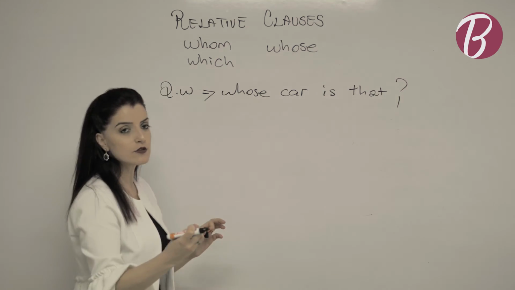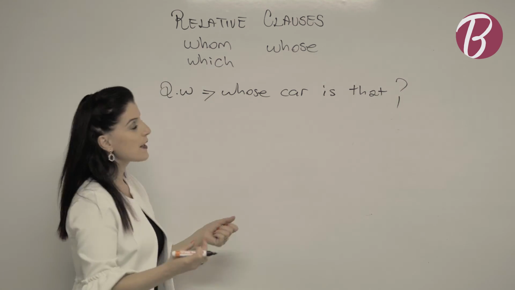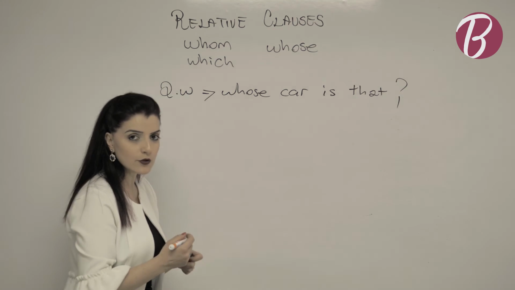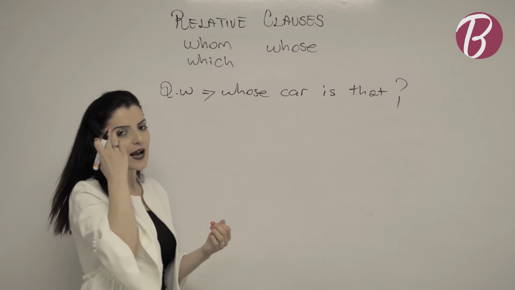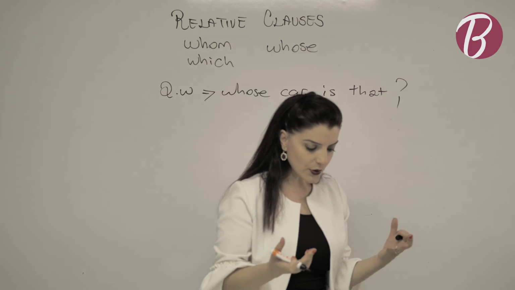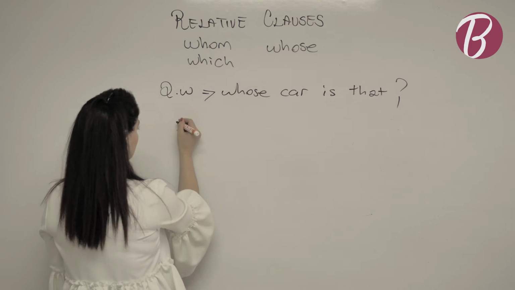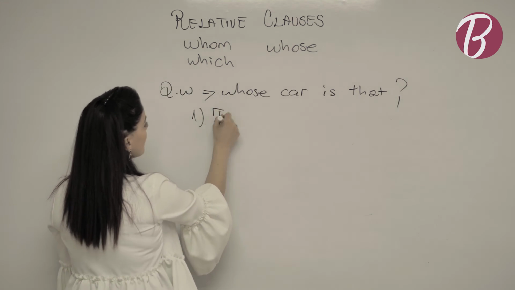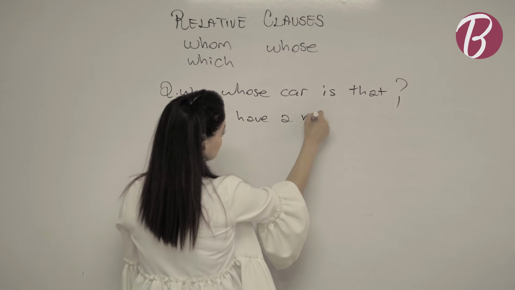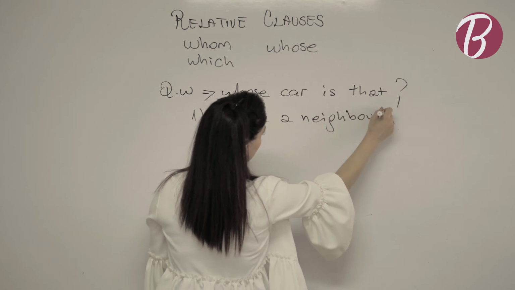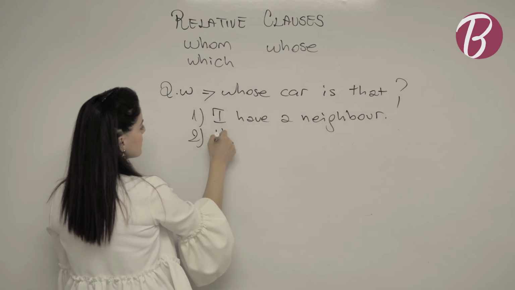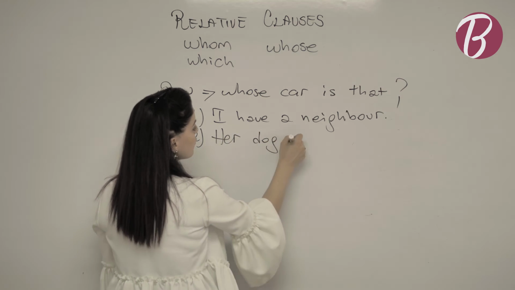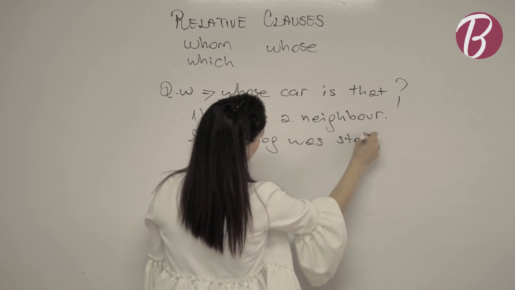Here it is used as a question word. And in a relative pronoun also, again we understand who has it. For example, I have a neighbor, and the second sentence, her dog was stolen.